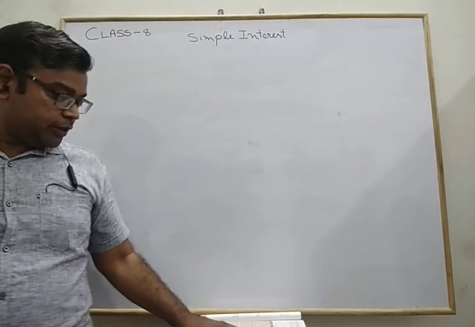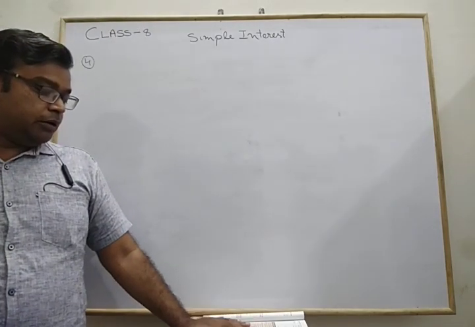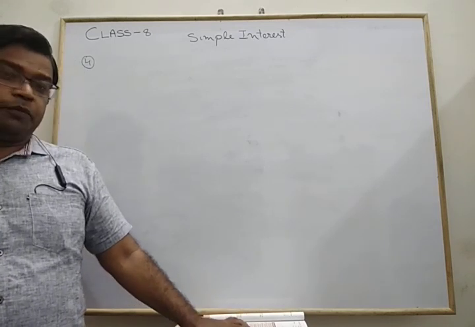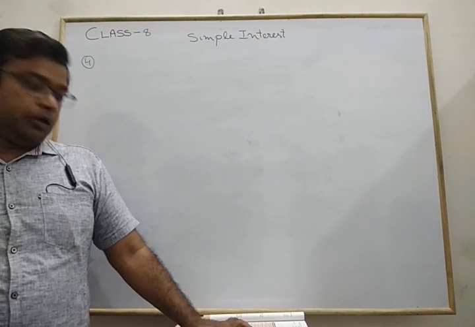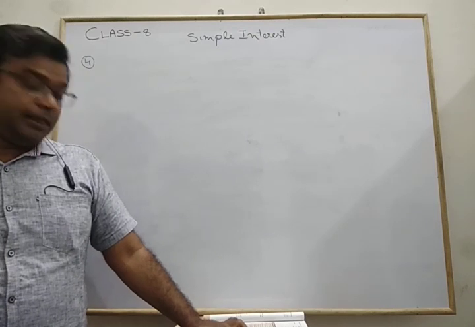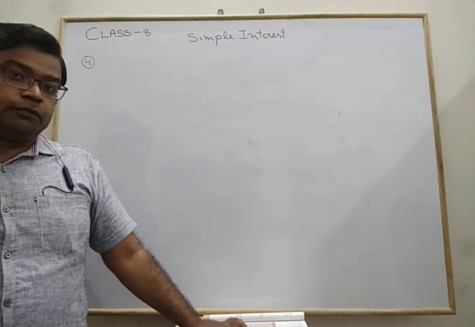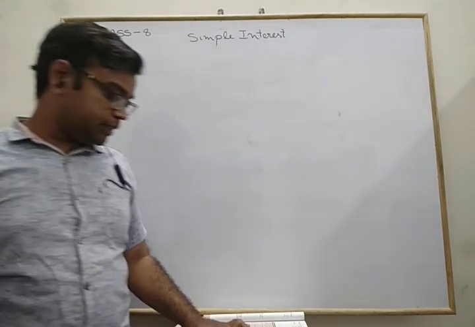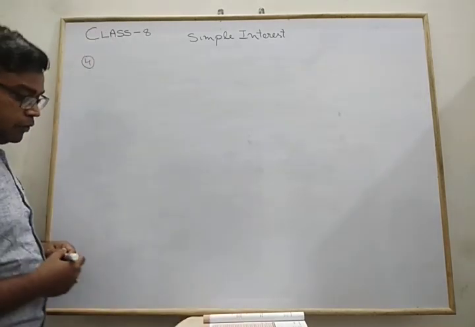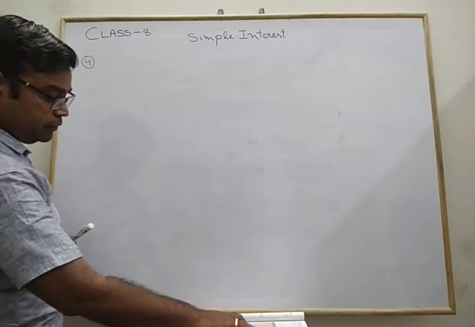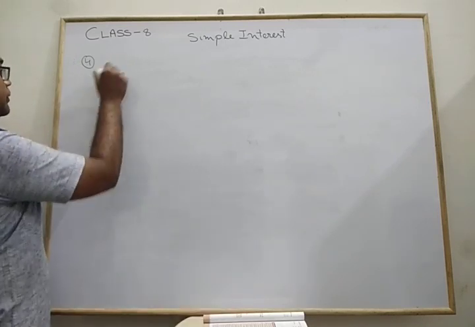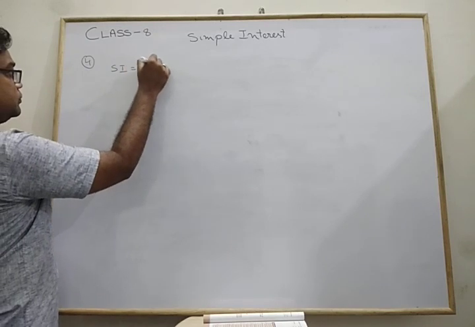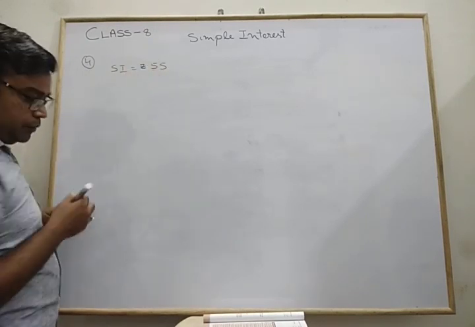Find the principal on which a simple interest of rupees 55 will be obtained after 9 months at the rate of 3 whole 2 upon 3% per annum. So something is given, something is not given. SI is given, rupees 55.